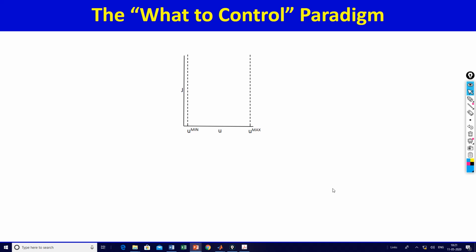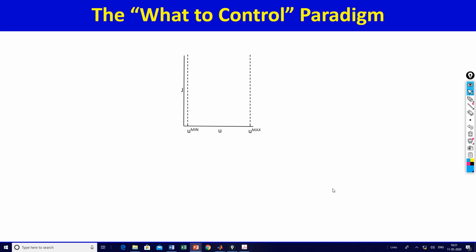Of those n degrees of freedom, let us say n minus 2 are at max and min at optimum. So ultimately you are left with two unconstrained degrees of freedom, because whatever is at max, whatever is at min, those should be kept at max or min for optimum operation. So that takes care of that.